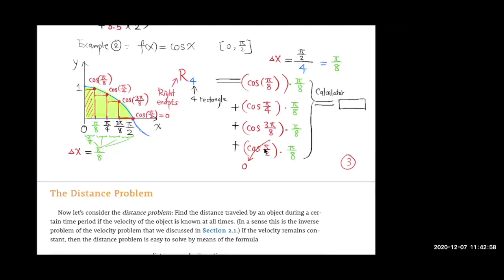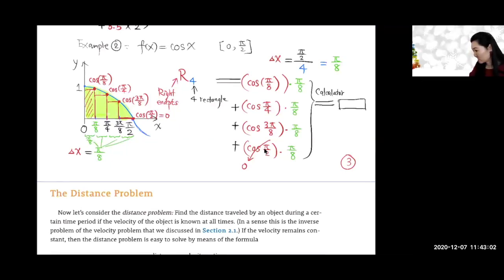Underestimate, because it's a decreasing function. So this one here will be an underestimate for the area under the curve. So that's what I'm going to do for homework.